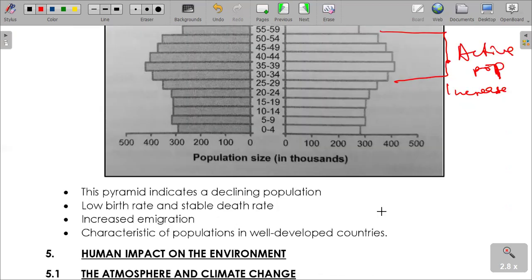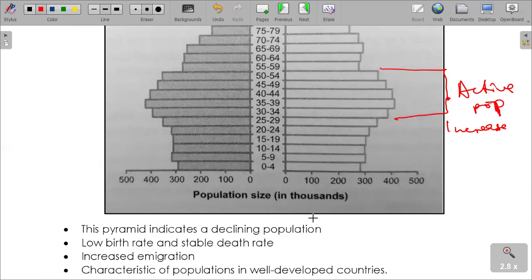So the population is very low, and they look for or identify people who can come to work in their country from neighboring and other related countries.